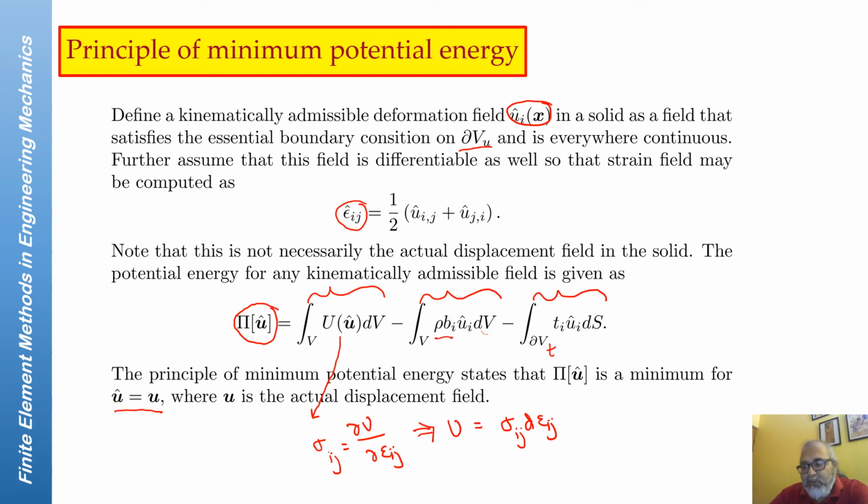The actual displacement field is the solution to the elasticity problem. When you hit upon the actual displacement field, then pi will be a minimum, which means this gives us an alternate way of looking for a solution to a problem in elasticity.